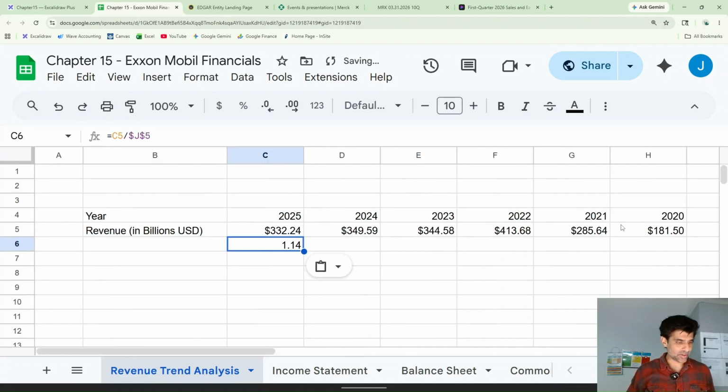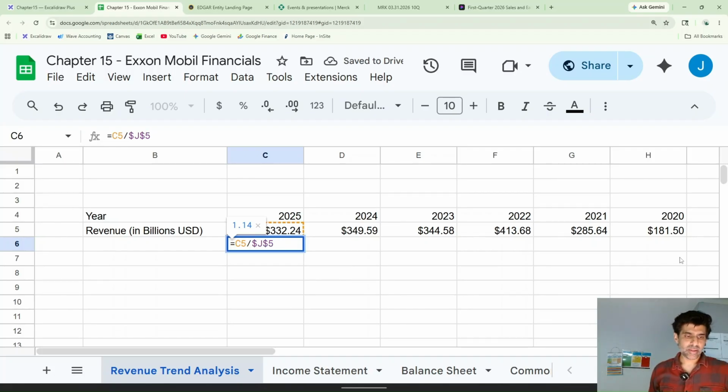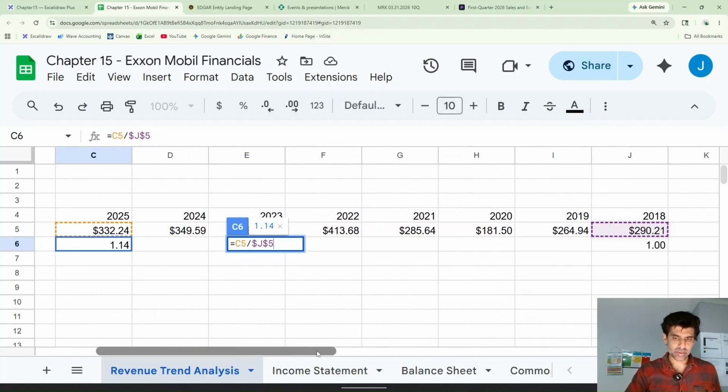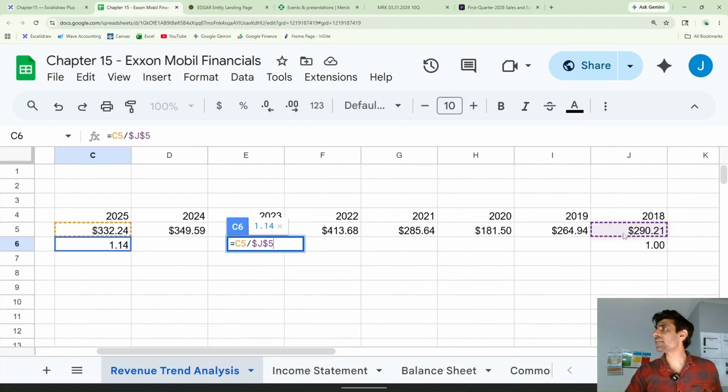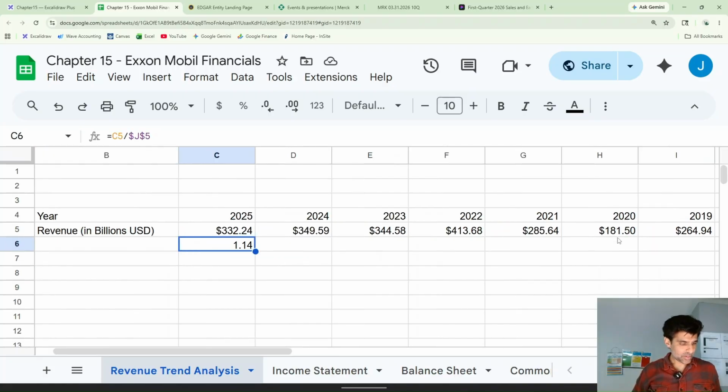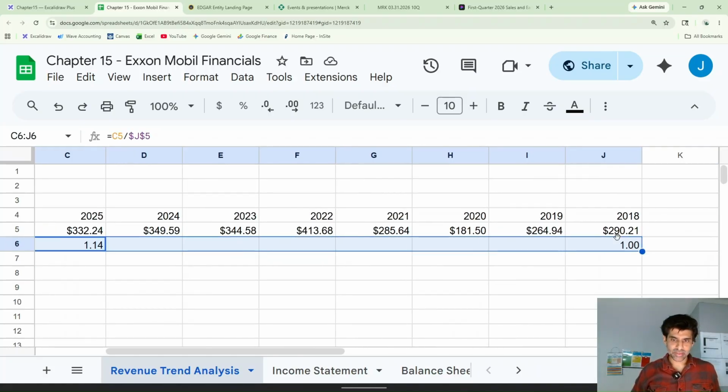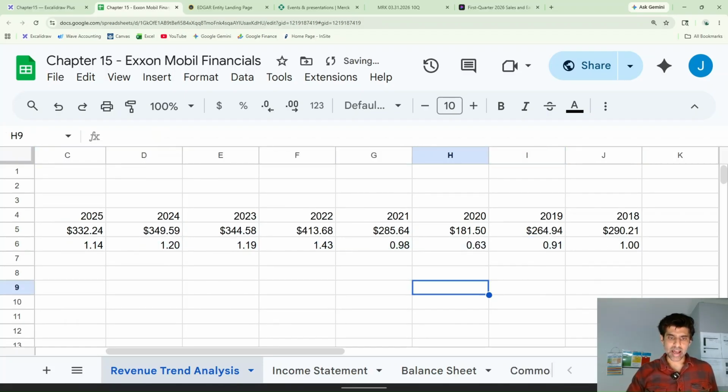If I paste it here, you can see that it's taking the number above divided by this fixed cell here. Is everyone good with this formula? So now when I apply it rightwards, it's going to do this trend analysis. If I just go like this and do Control R, I have my trend analysis.